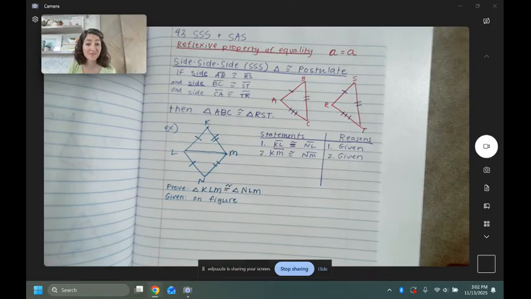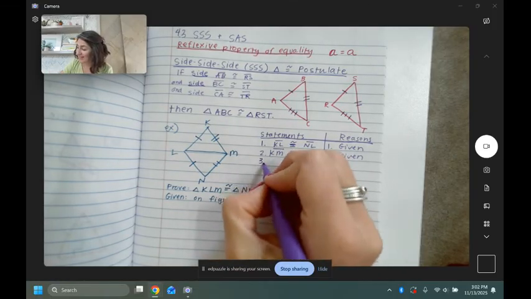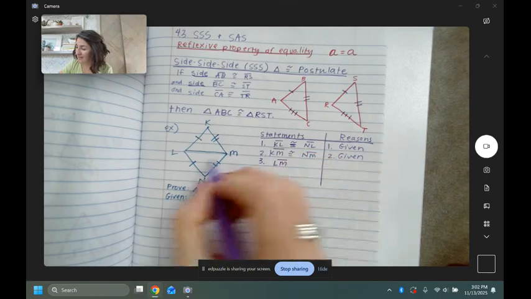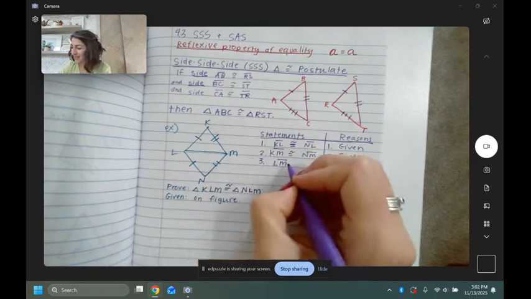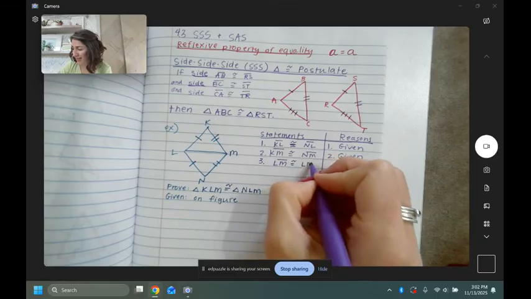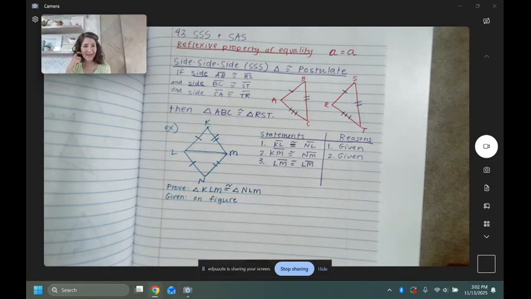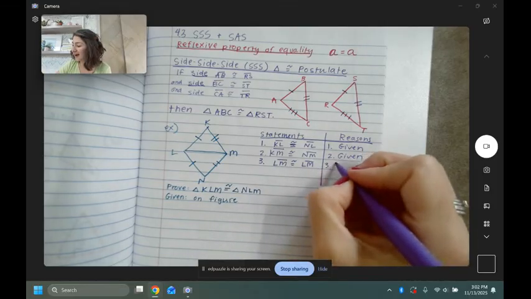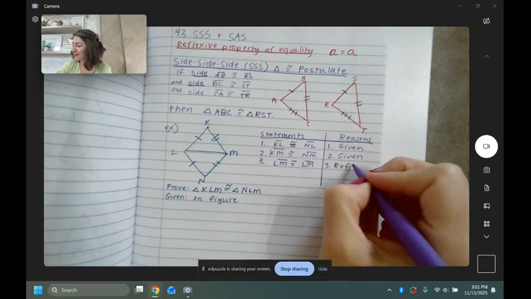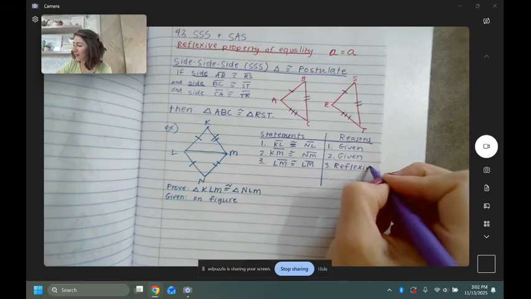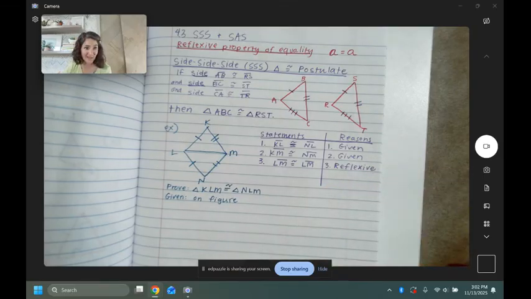Sometimes these will be in the same statement, and sometimes they will be in their own separate things. Okay, now step number 3, I can say that LM, this one in the middle here, is congruent to LM because it's the same line in both triangles. That is why I did a little reminder of the reflexive property.